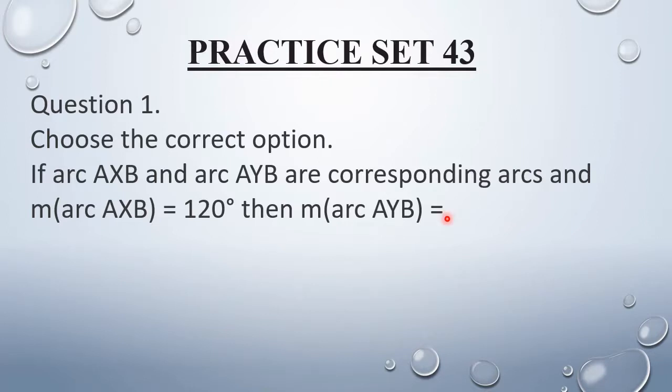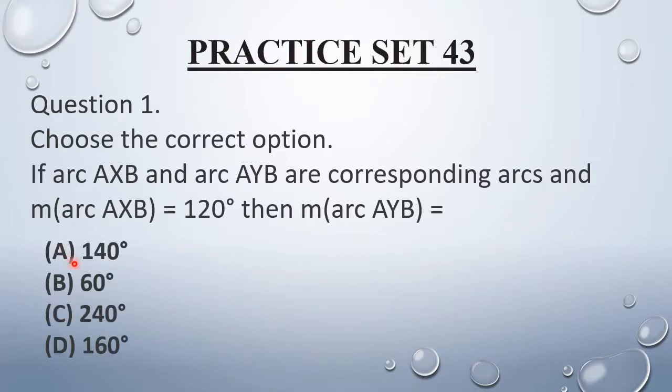So we have to find the measure of arc AYB. Here arc AXB and arc AYB are corresponding arcs. Options given: A is 140 degrees, B is 60 degrees, C is 240 degrees and D is 160 degrees. So the answer is C, 240 degrees.